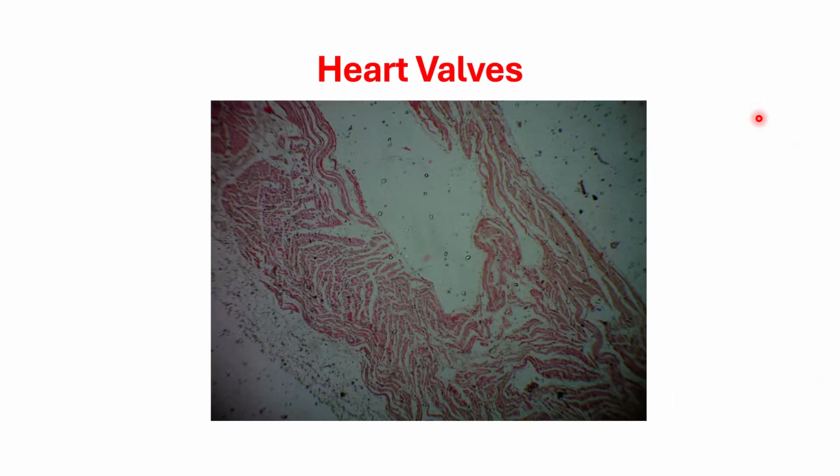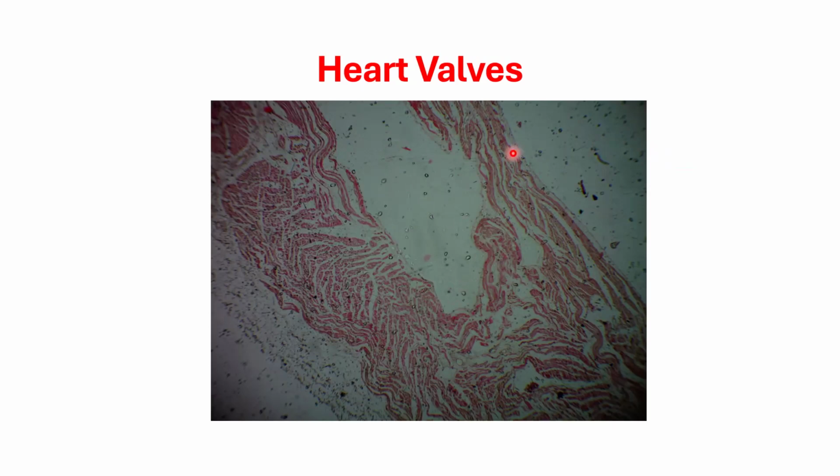So these are histological images of the heart valves. For the purpose of orientation, this is the epicardium, this is the myocardium, this is the endocardium. Now this is an extension of the heart. So this is a lumen. On either side, this is a lumen, this is a lumen.